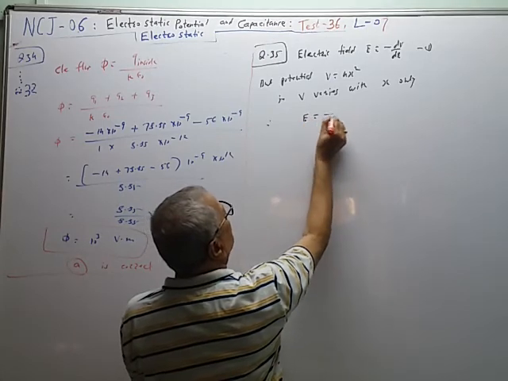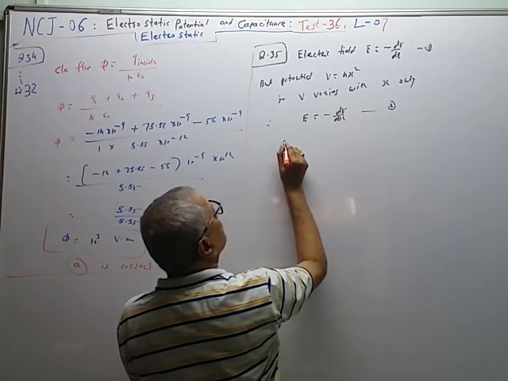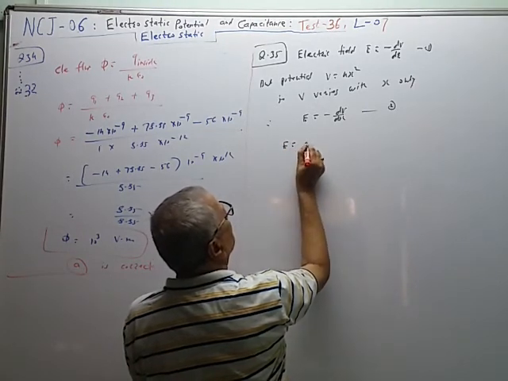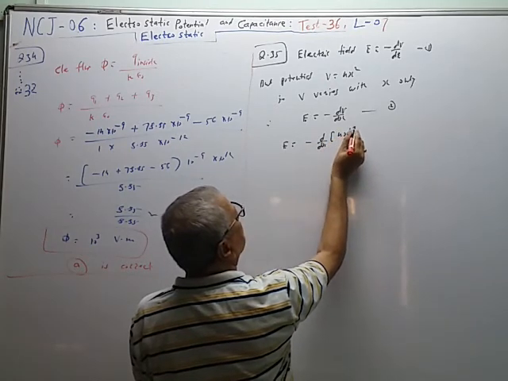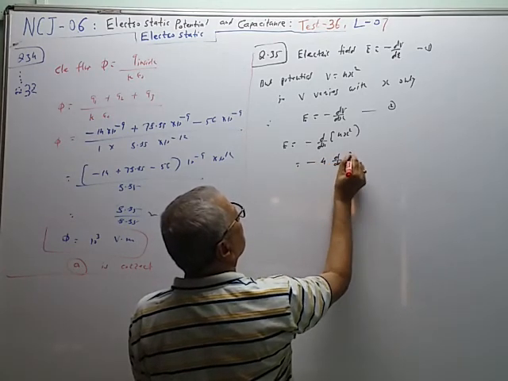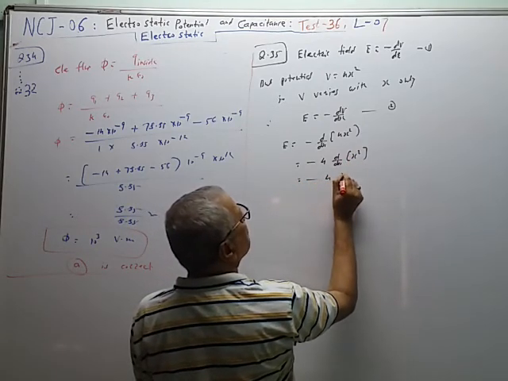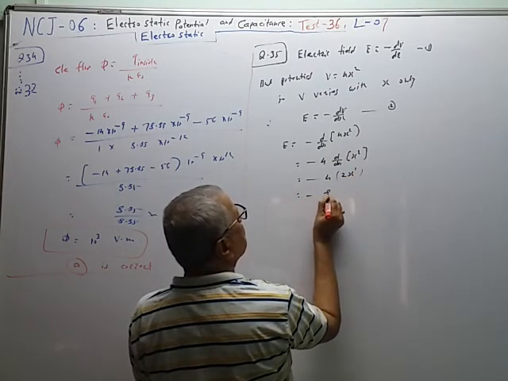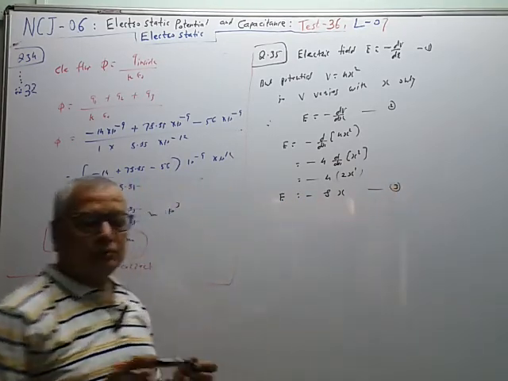Therefore, E is equal to minus dV by dx, equation 2. Therefore, E is equal to minus d by dx of 4x square. आता डेरिवेटिवचे रूल फक्त इथे यूज करा. So minus 4, 4 is constant, d by dx of x square, and we know the simple rule for derivative. Derivative of this is equal to 2 times x raised to 1. So E is equal to minus 8x. This is equation 3, the value of electric field.